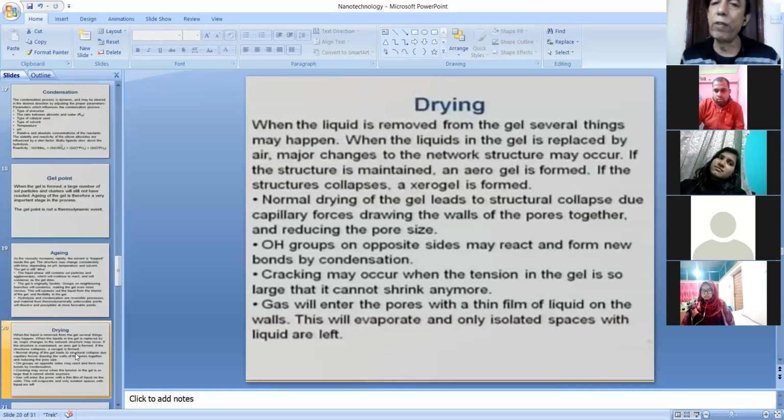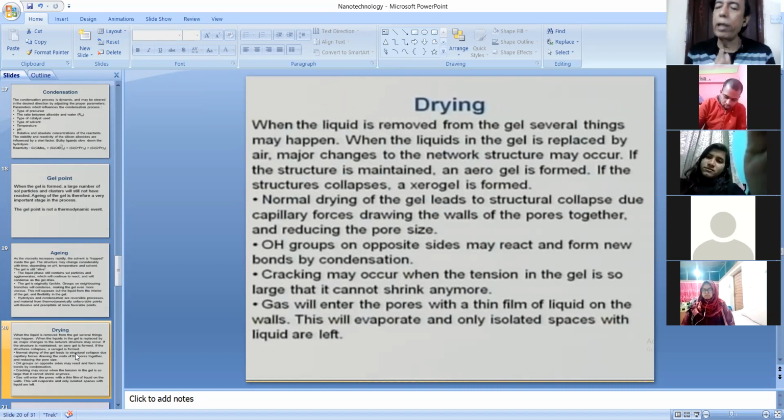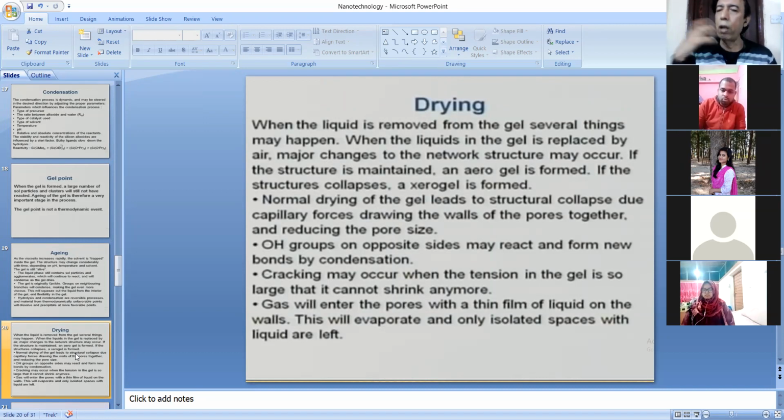Now, after the gel formation, the next step is drying of gel. What is the drying of gel? Drying of gel means removal of liquid, or removal of solvent, or removal of byproducts from the gel.